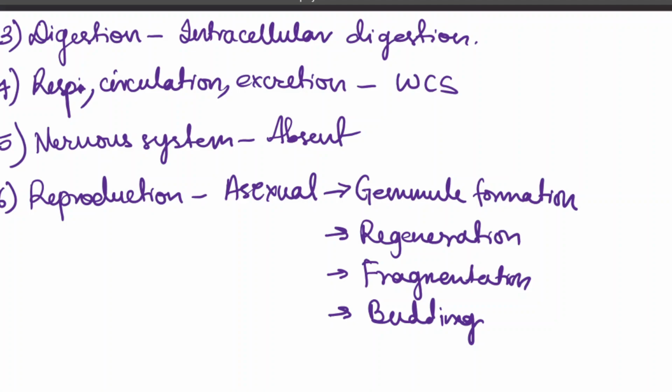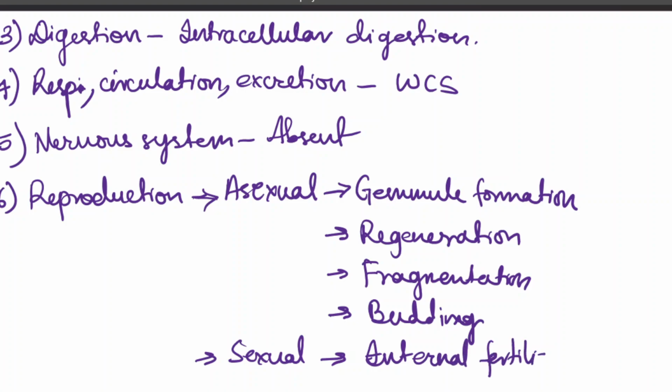I hope it is clear till here. Now, reproduction one is asexual that we see here, and there is also sexual reproduction separately. It is done either through internal fertilization, because sperms are there, right, or cross fertilization. I hope these six typical characteristics are very clear.